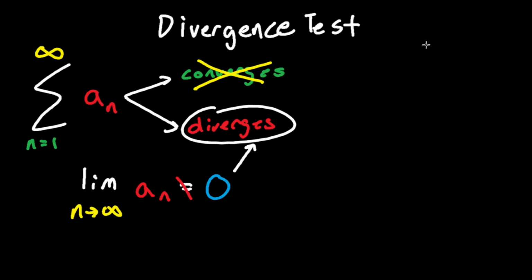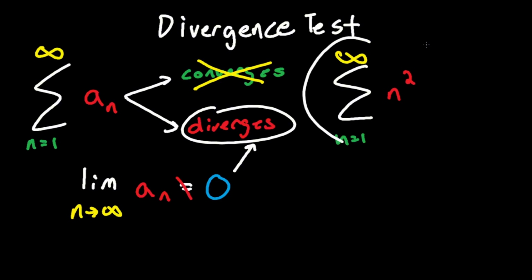So let's give you an example. Let's say we have a series n squared. Does this series converge or diverge? Well, you don't have to use limit comparison or any other complicated test. You can just use the divergence test for this.